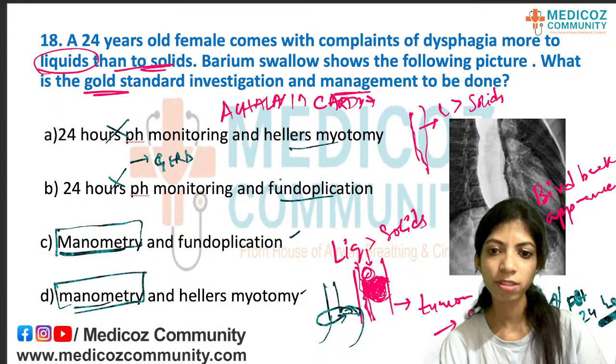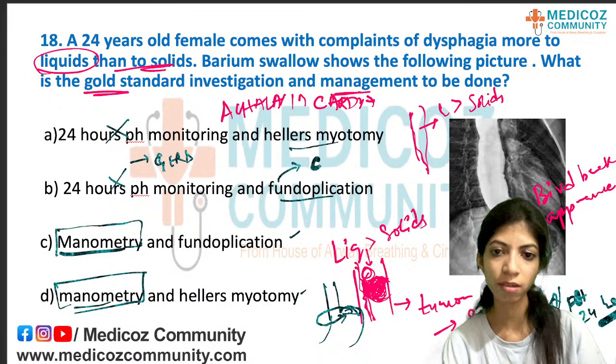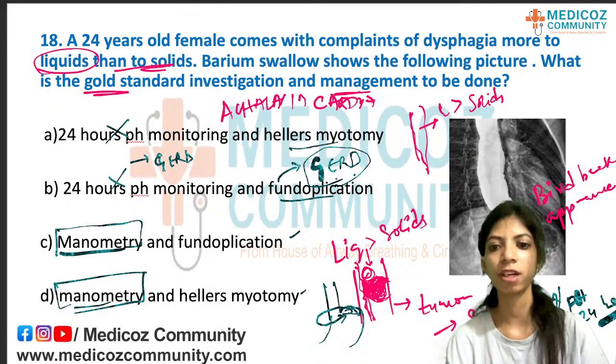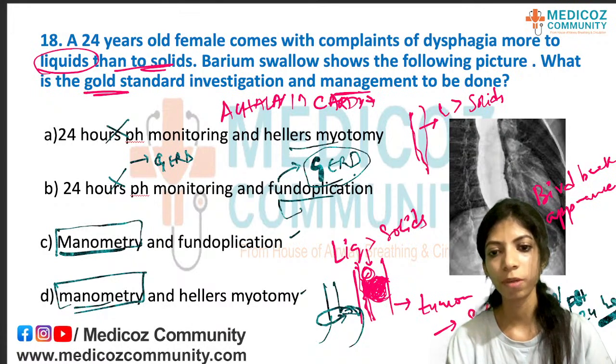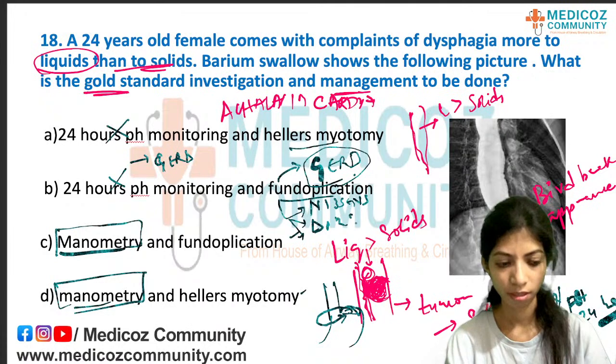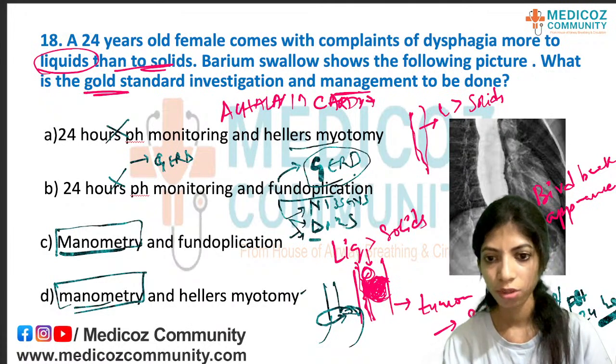This fundoplication is done in case of decreased lower esophageal sphincter tone, which is seen in GERD. So for GERD, you'll do the fundoplication. And in this fundoplication, you have three types, which are nothing but Nissen's, Dor's, and Toupet's.